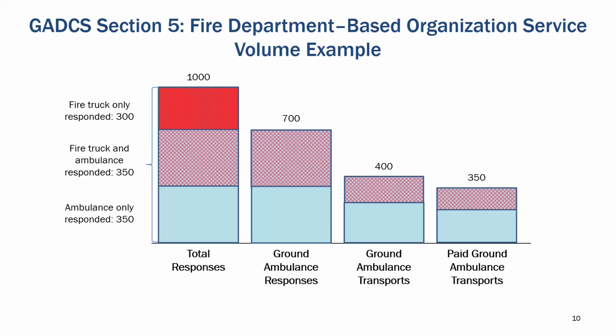Keep in mind that one response may sometimes result in multiple transports. In these instances, be sure to report all resulting transports in your total, regardless of the number of responses. The final column reports the number of ground ambulance transports from the third column which were paid by the time the data was reported, which for this organization was 350 out of the 400 total transports.